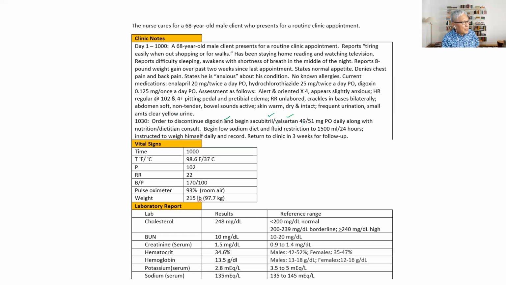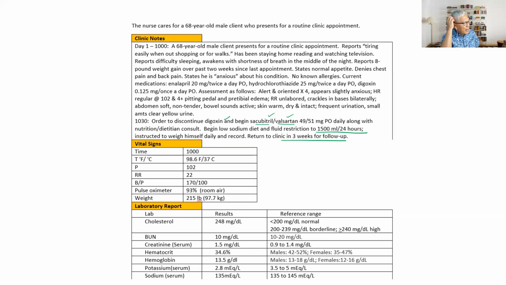This is going to be an ARB, and this is going to be an ACE inhibitor. Along with a dietitian consult, begin low sodium diet, fluid restriction to 1500 in 24 hours, weigh daily and record, and return to clinic in 3 weeks for follow-up.